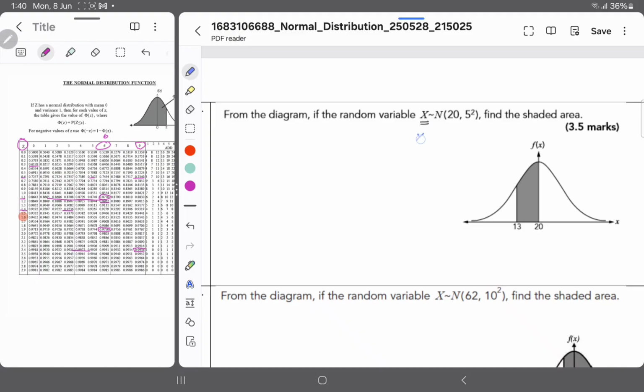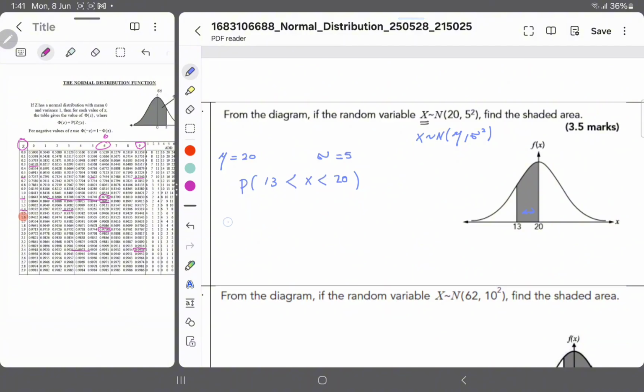First of all, I will compare that with the mathematical notation, mu and sigma squared. That means the value of mu is 20 and sigma squared is 5, so sigma equals 5. Now to find the probability of x between, we always start with the smallest one from the left, it will be 13, and the highest on the right. Here x lies between.